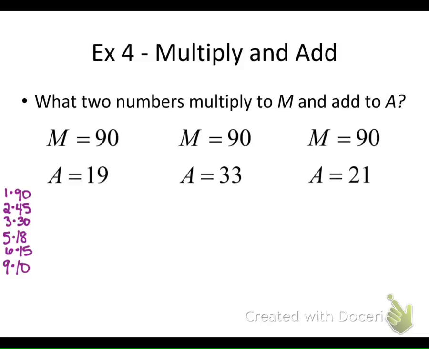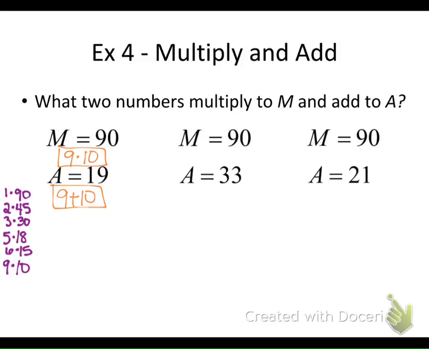So, out of our factor pairs we have over here, which one is going to multiply to 90 but add to 19? 9 and 10, very good. Make sure you box that answer. All right, moving over to that next one.